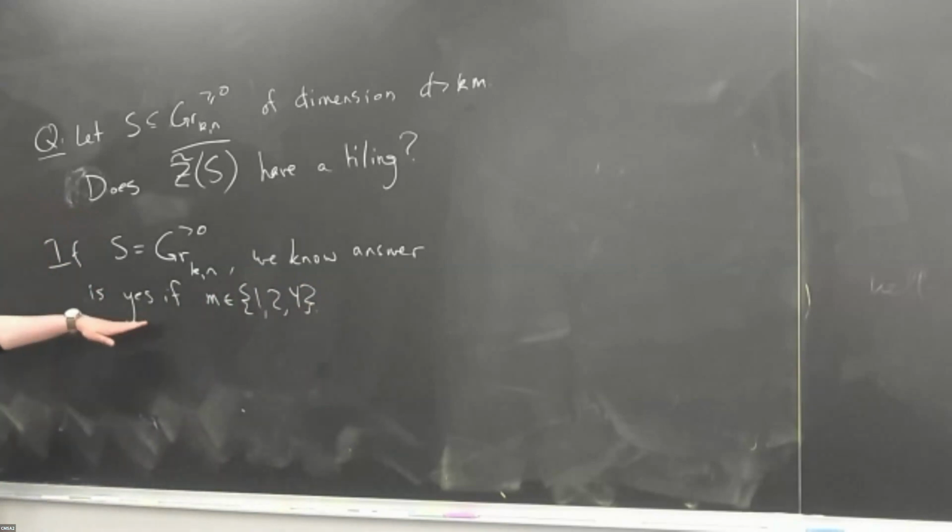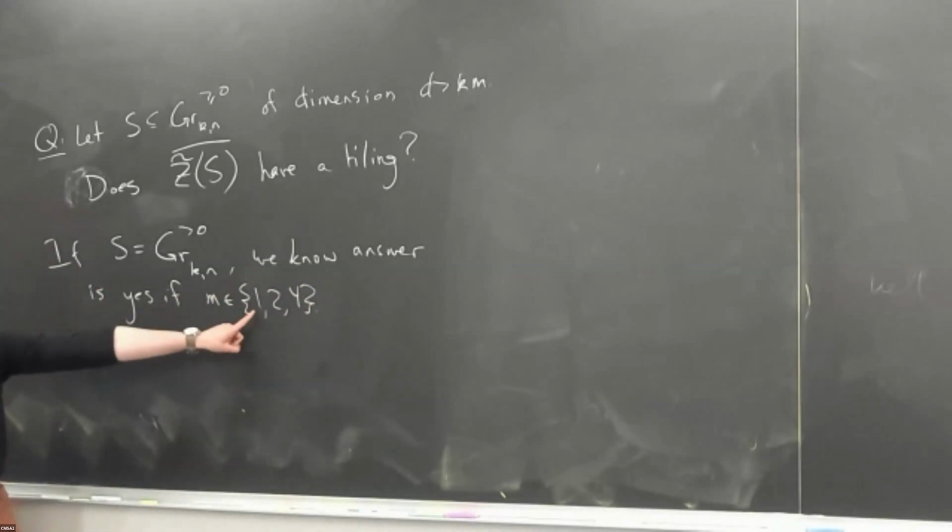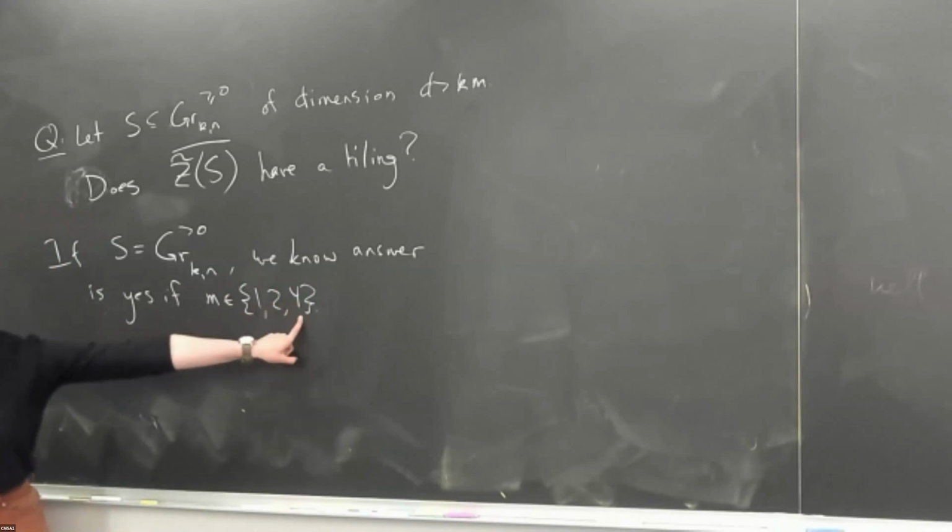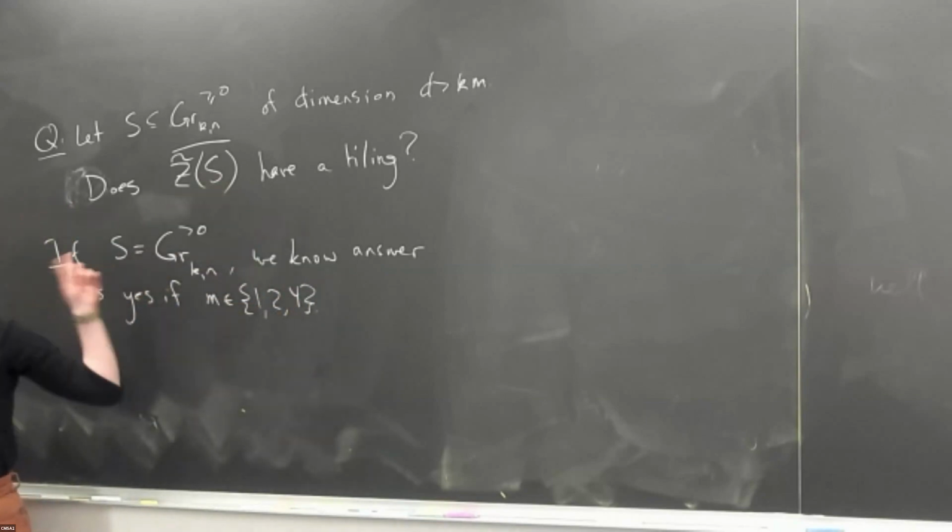So I suggest asking this question really in one of these settings, m equals 1, 2, or 4. Otherwise, the easiest version of this question, we don't know the answer to.